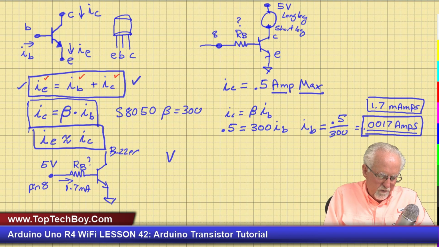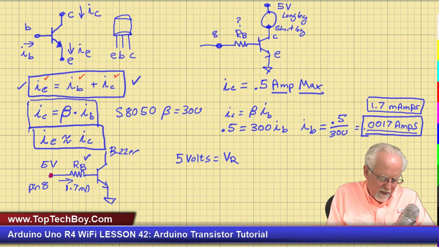Well, we know that we start with 5 volts. So the 5 volts is going to be equal to the voltage drop across the resistor. I'm starting here, and I'm kind of driving around.